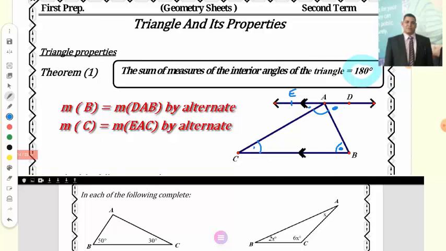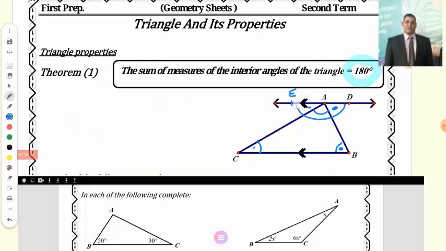So these three angles together make a straight angle, and this angle with this angle equals 180. So measure of angle B plus measure of angle C plus measure of angle BAC equals 180. So the sum of measures of the interior angles of a triangle equals 180.